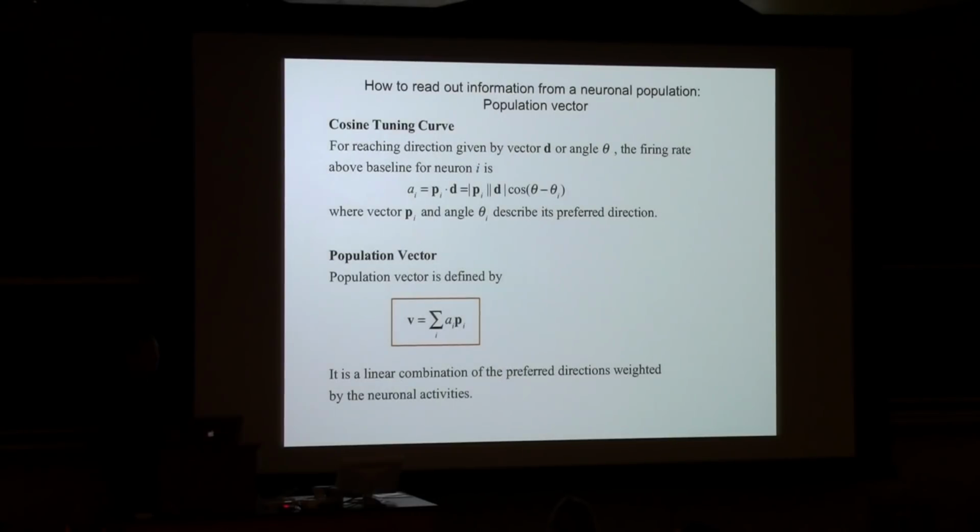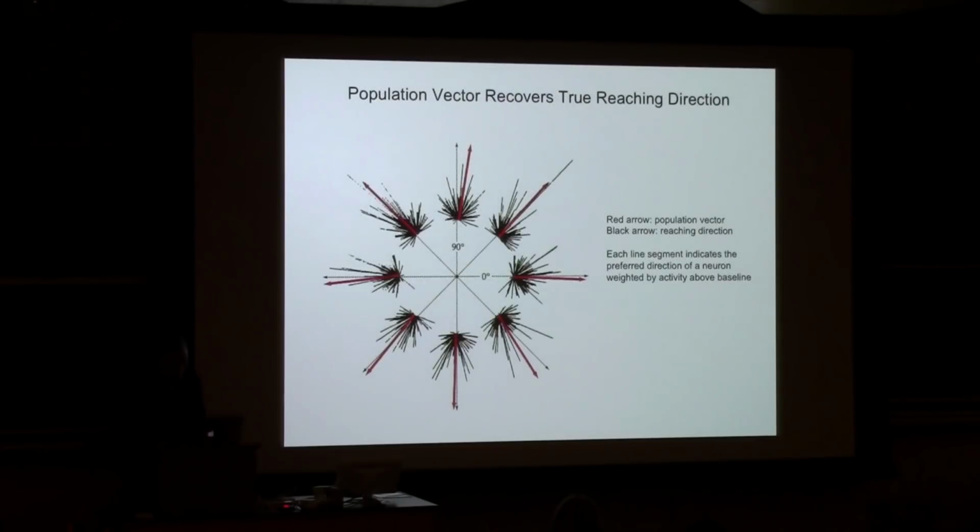If you record activity from a bunch of neurons, I want to read out what the true reaching direction is. This actually works. This is an example. I think there are several hundred neurons. In this diagram, I'll just explain. Each of the black lines is the preferred direction of one neuron, all right? This is for 8 different reaching directions.